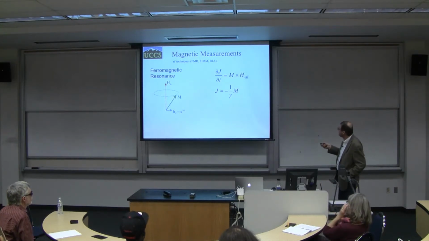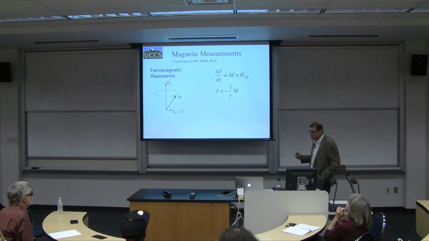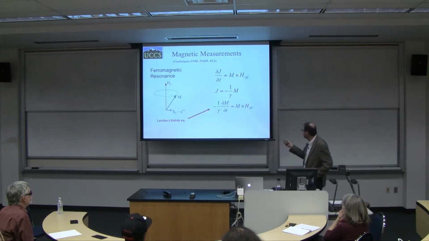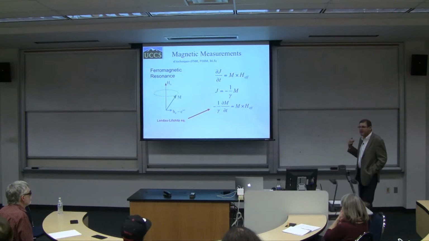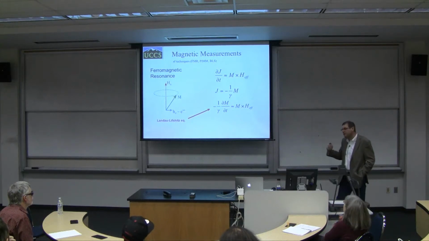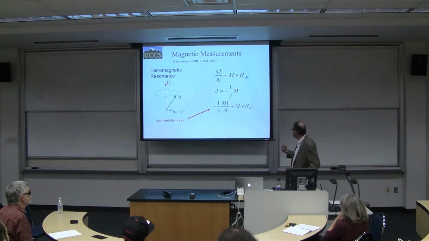So if I replace J with this expression, I'm going to get the Landau-Lifshitz equation. Now this equation is exactly the equation I showed you before, but instead of talking about moment, I'm talking about magnetization, in other words, moment per volume.